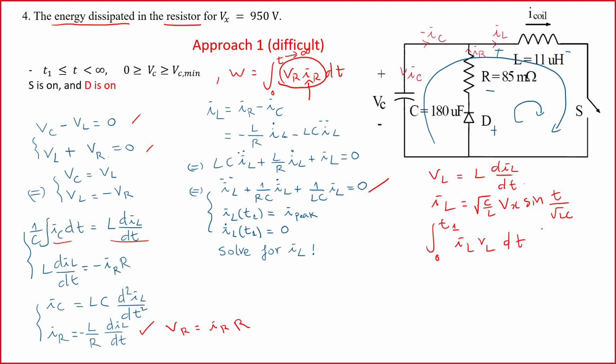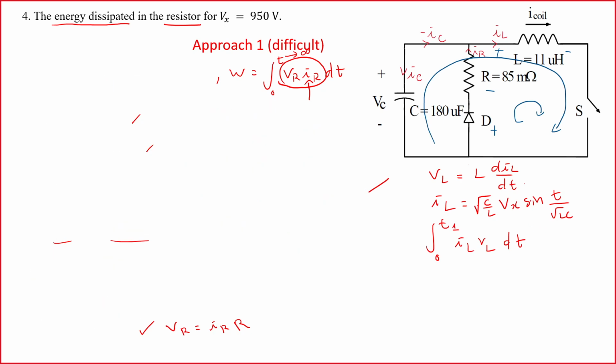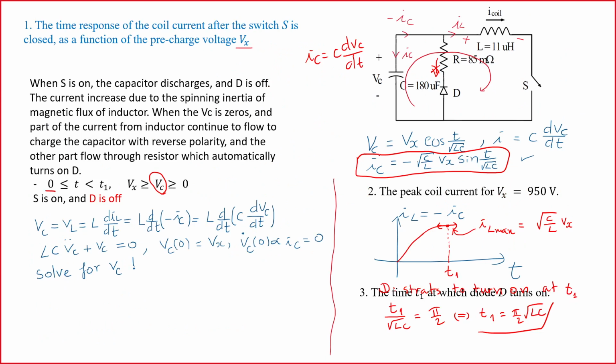Well, you can also say that this is just the same as IC. The energy stored in the inductor is just the same as the energy discharged from the capacitor. So which means you can integrate the product of VC and IC.